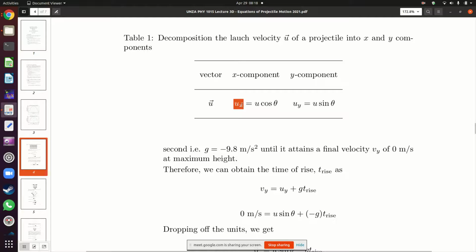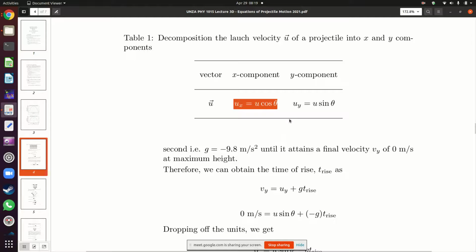So along the x direction, if you've got a vector u and you've got an angle theta along the x direction, this vector u, the initial launch velocity ux, is going to be equal to the size of the vector u multiplied by the cosine of the angle. So this is how we find the x component of the launch velocity ux.